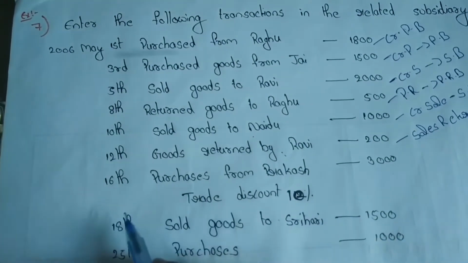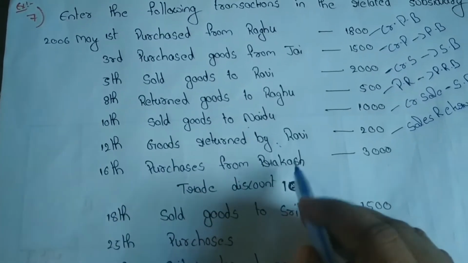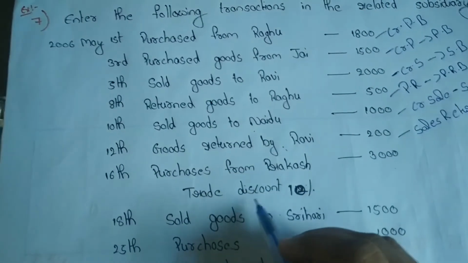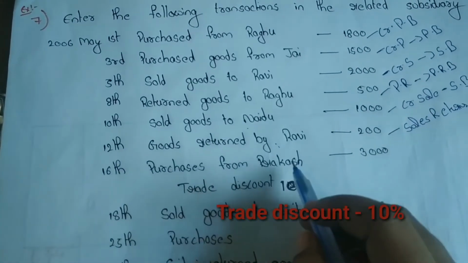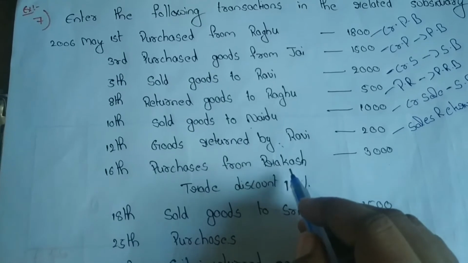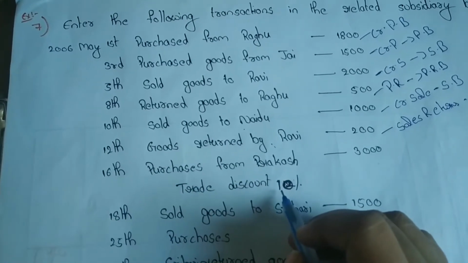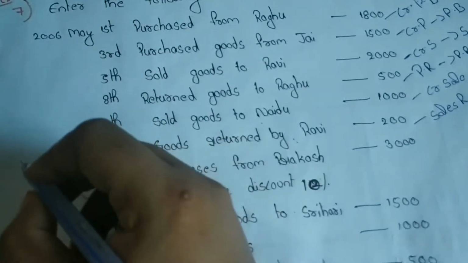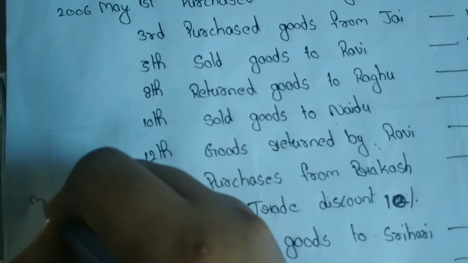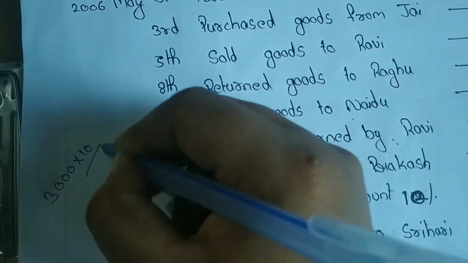Okay. Next, on 16th, purchases from Prakash 3000 and trade discount 10%. You purchased goods from Prakash and here Prakash allows some discount to our business. That percentage was 10%, right? Let's calculate the discount. The amount was 3000 and he allows 10% discount.